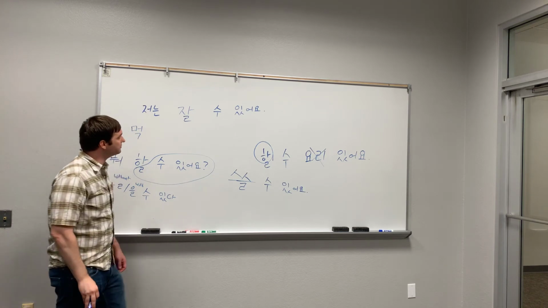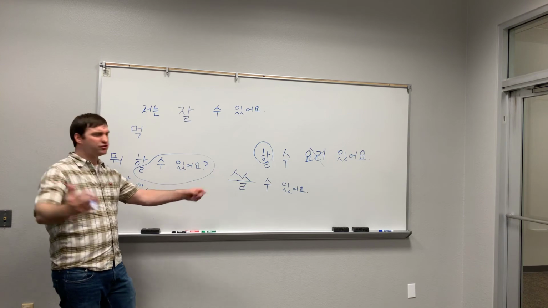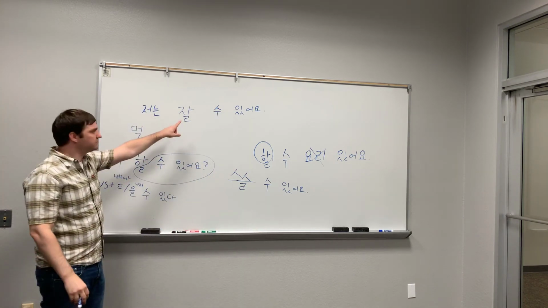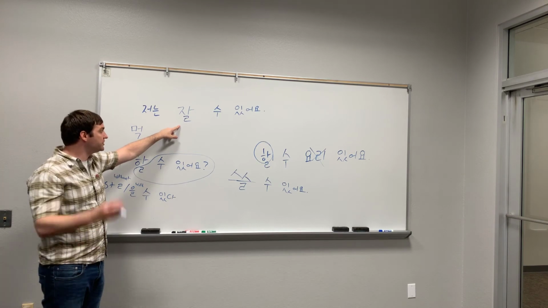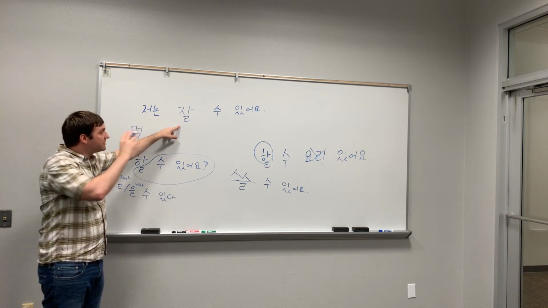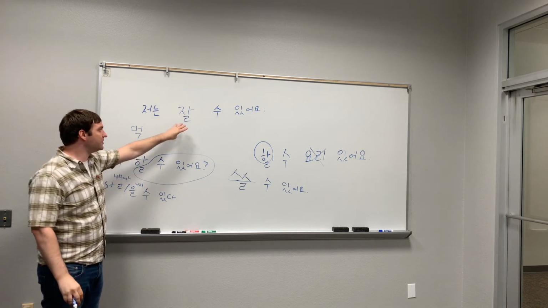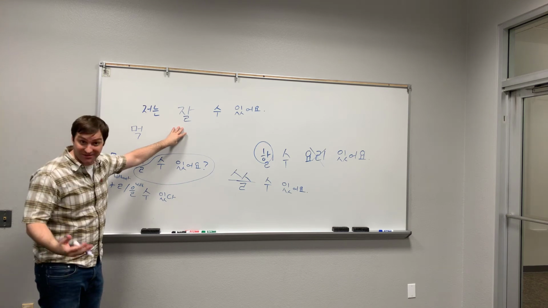Isn't it interesting how a lot of words you'll end up making like a word. If you just took this by itself, remember how I told you earlier, 잘 means well or good, right? 잘 먹어요. And if you didn't look at the context or you didn't know any of the grammar and you're just looking at it, you would just think, oh, that means well, right? But it's not, right?